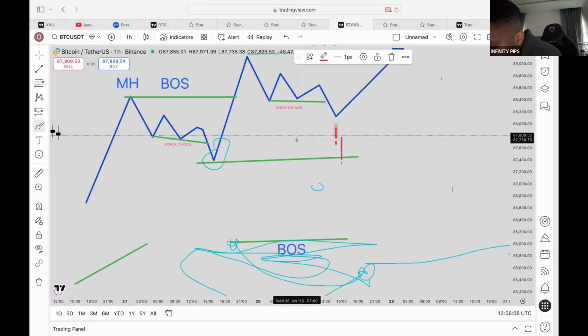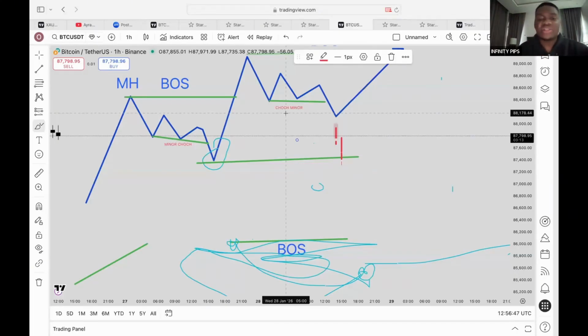Okay, so the second one now, right? This thing I'm explaining, either change of character or change of structure, BOS, can apply to either change of character or even BOS.